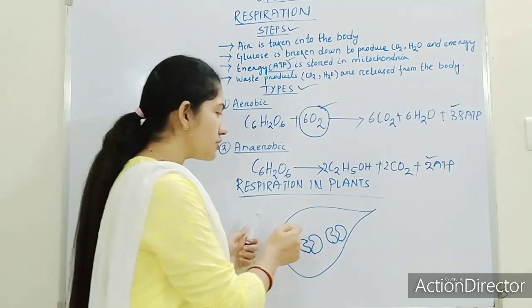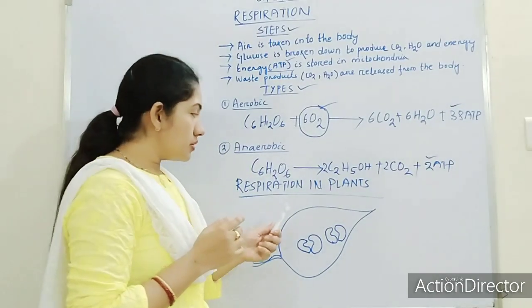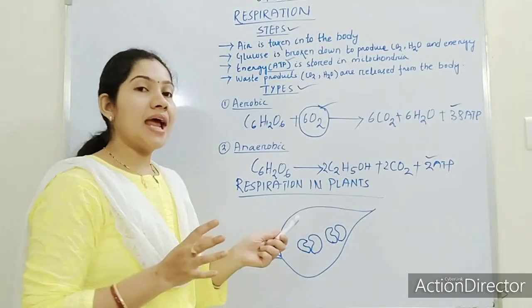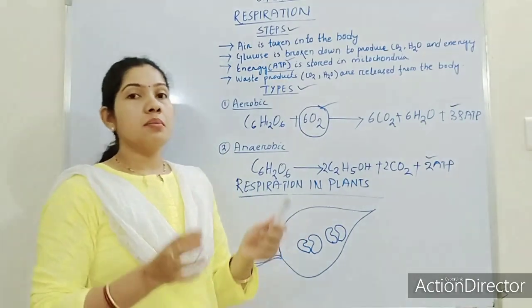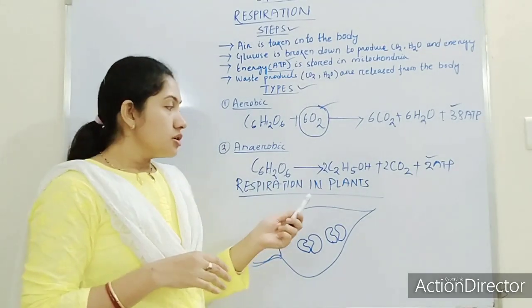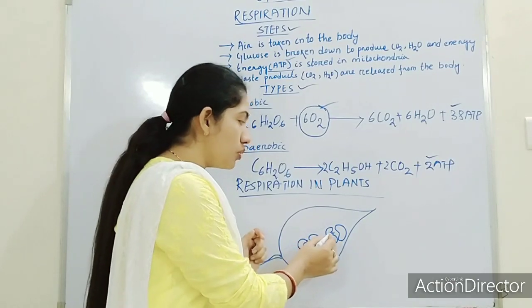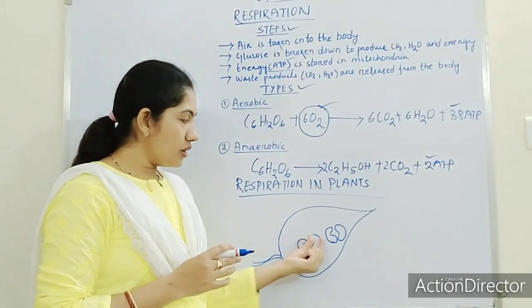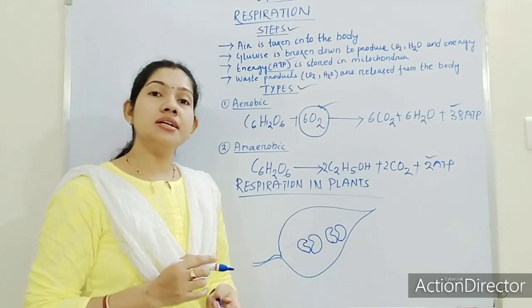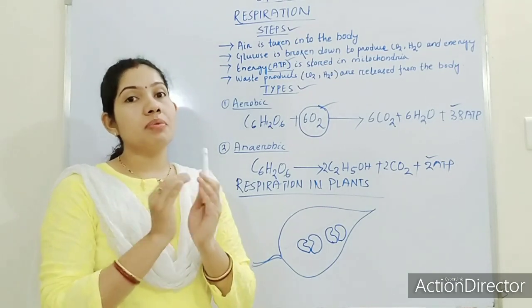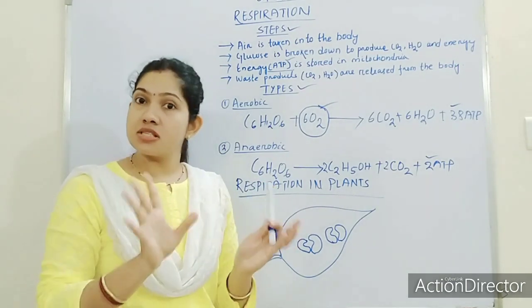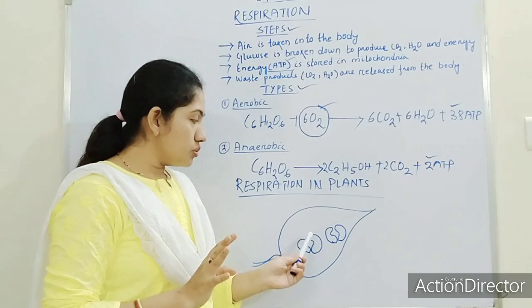So here, let us discuss how plants undergo respiration by stomata. You can see stomata have special pores, and during daytime the stomata open. Why it opens, we have already discussed, so I am not discussing it again.